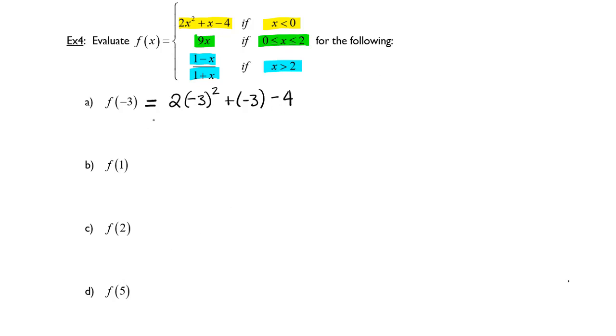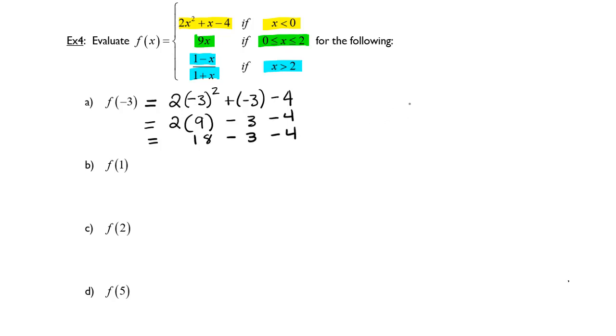And now it should be fairly simple to just simplify these down. Remember, a square says multiply whatever's in parentheses to itself that many times. So this is going to be 2 times 9 minus 3 minus 4, which simplifies to 18 minus 3 minus 4.